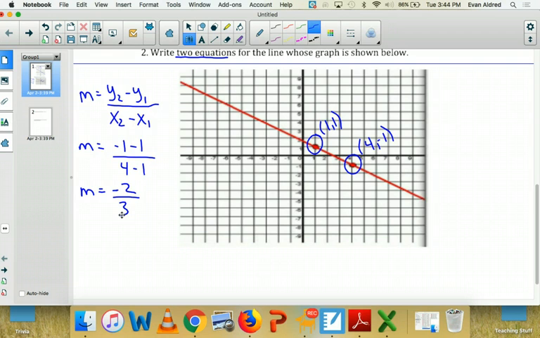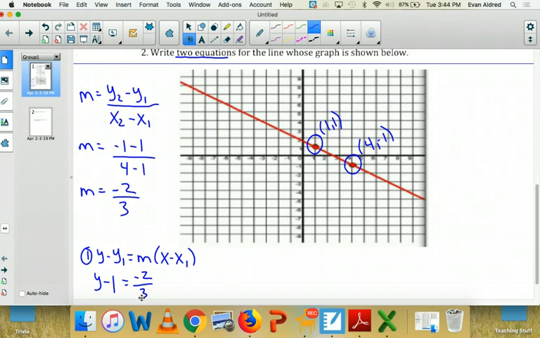That's going to help us to come up with both of our equations. And now, since we need 2 equations, we're going to do one for each of the points that's given. So our first equation, again, we're using the form y minus y1 equals m(x minus x1). And we're just going to plug in our values. Well, for the top point, (1, 1), our y1 value is 1. The y-coordinate of that point is 1. So where I see a y1, I'm going to plug in the number 1.